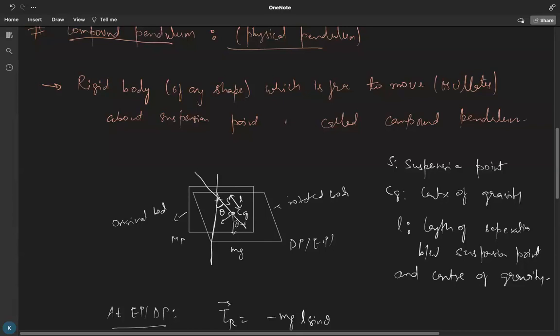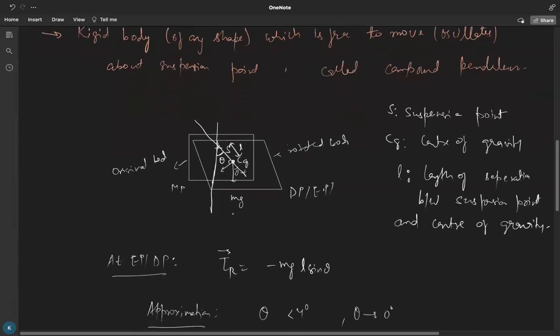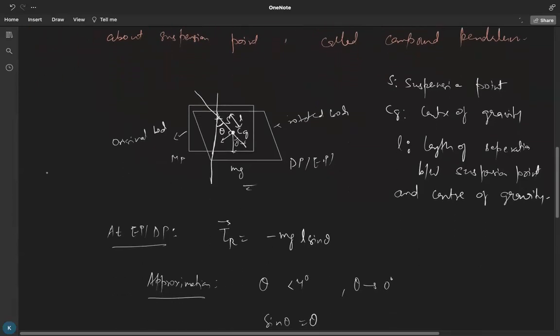Now our system has turned into a system like a simple pendulum, where the whole mass is at the center of gravity, and this is the length between the suspension point and the center of gravity. So we are converting this compound pendulum system into basically a simple pendulum, right?